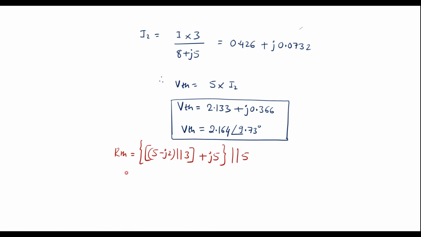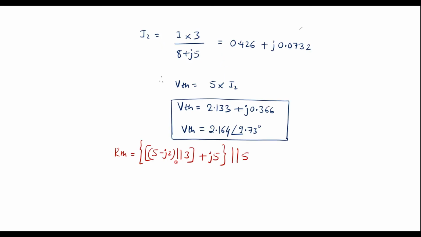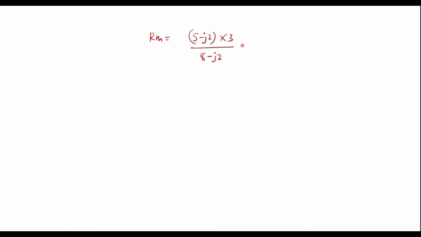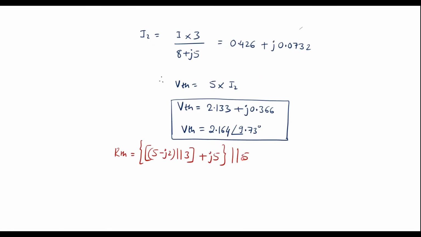So let me calculate this. First, RTH is equal to 5 minus J2 into 3 divided by 5 plus 3 minus J2, that is 8 minus J2, plus J5, and it is parallel with 5. First let me calculate only this part.